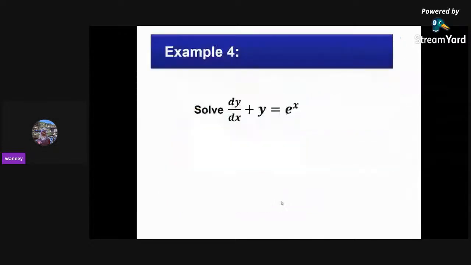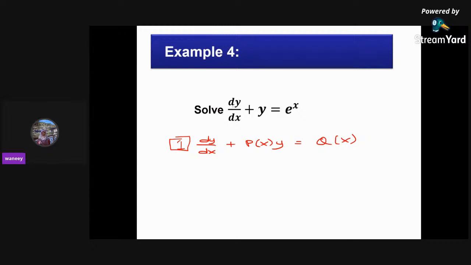Okay, next. Right, so solve dy over dx plus y equal to e to the power of x. Always compare with the general form, dy over dx plus p(x)y equal to q(x). So do check: is the coefficient of dy over dx 1?